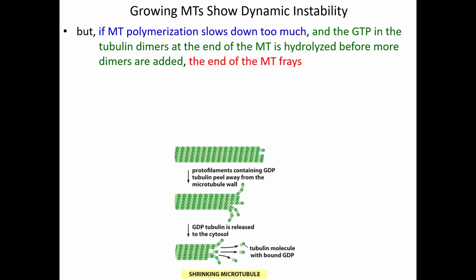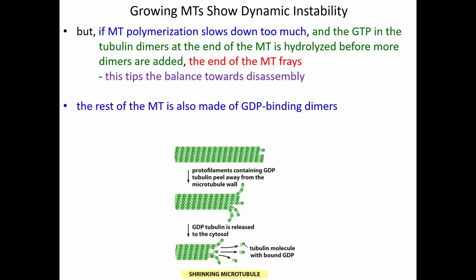It's going to start to fray. So when the rate of GTP hydrolysis catches up to the end of the GTP cap, because the new addition of tubulin dimers has been too slow, we're going to get the spontaneous destruction, disintegration, breakdown of the microtubule that will tip the balance towards disassembly.